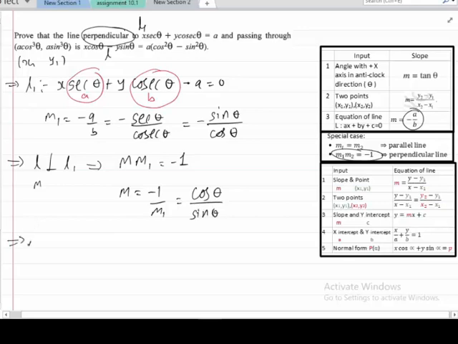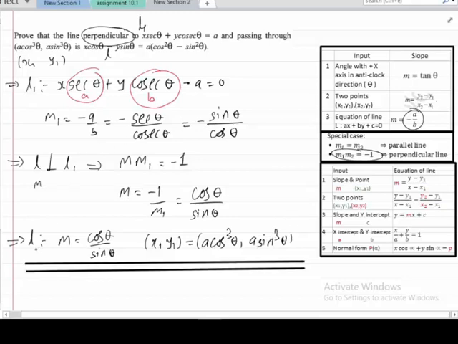Yay! For line L, we get the slope m is equal to cos theta upon sine theta, and we already have the point on the line as a cos cube theta and a sine cube theta, right?